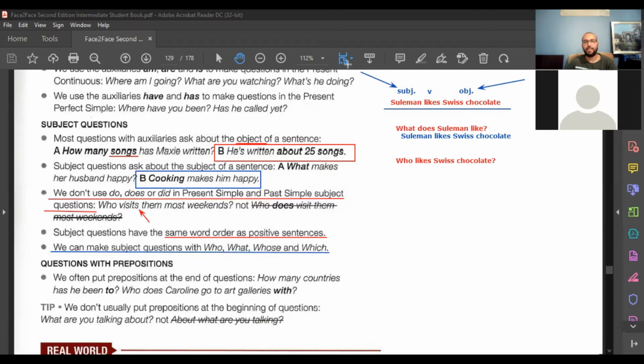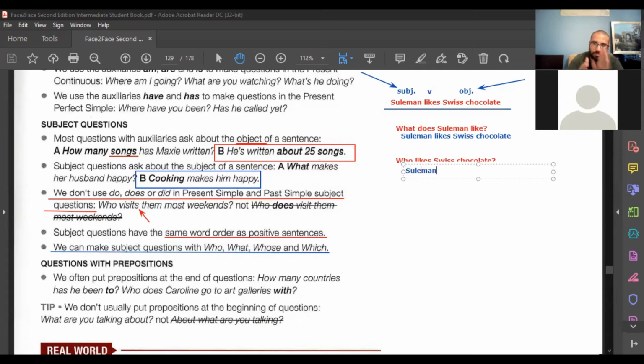But take a look at the second question. Can you answer the second question? Who likes Swiss chocolate? And here, we ask about the subject. What's the answer? Sulaiman. You should just say Sulaiman, that's it. We just want to know the subject.